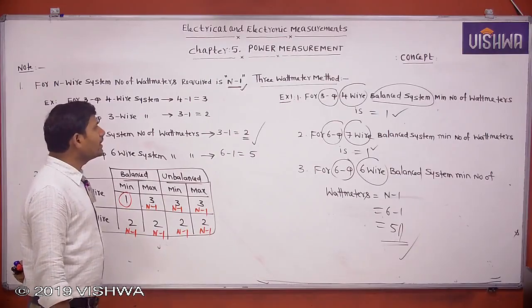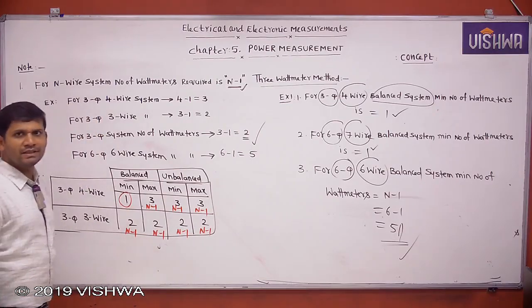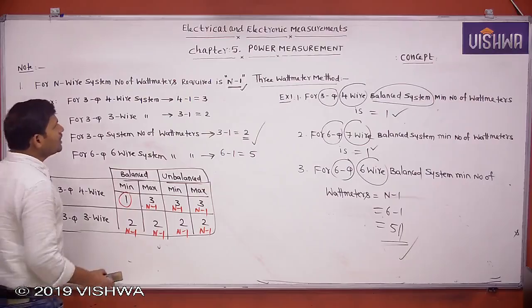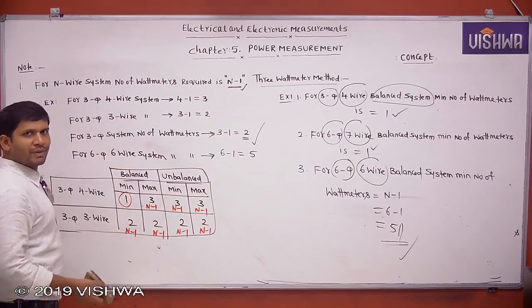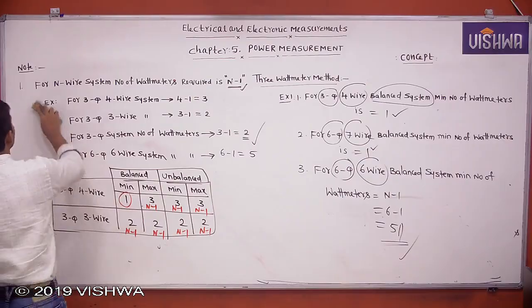Like this, you can set the number of wattmeters to measure the 3 phase power. Yes, one observation here before going to the 2 wattmeter method of power measurement. You see the one observation.